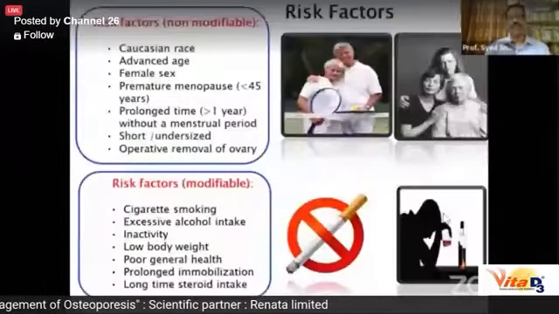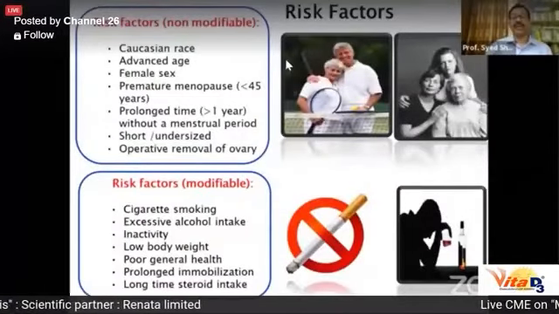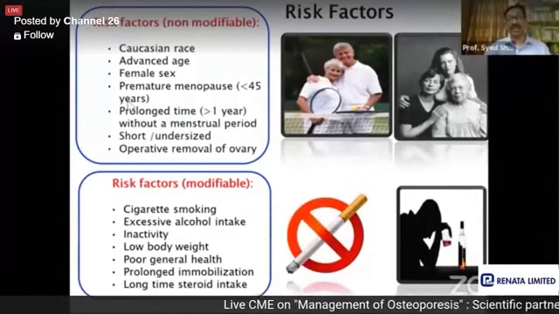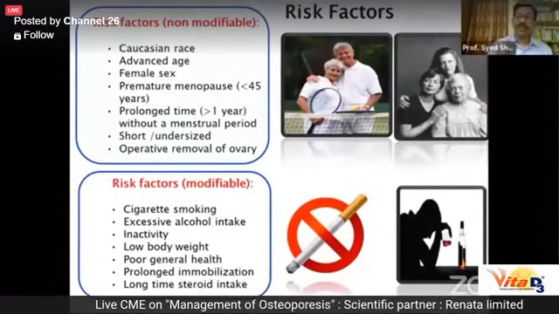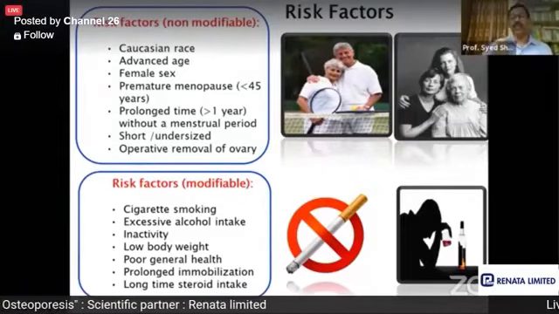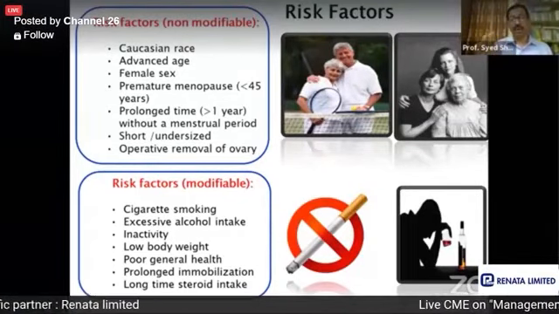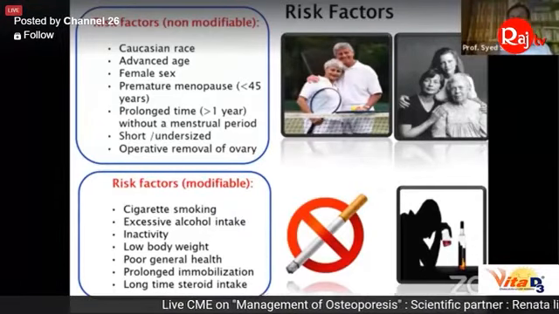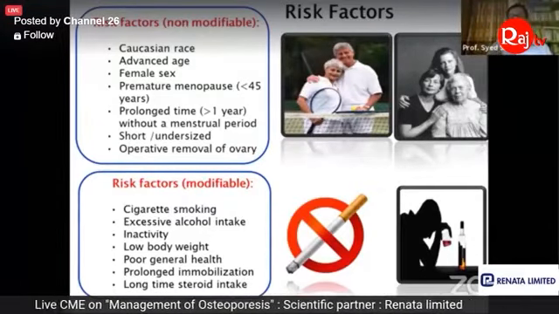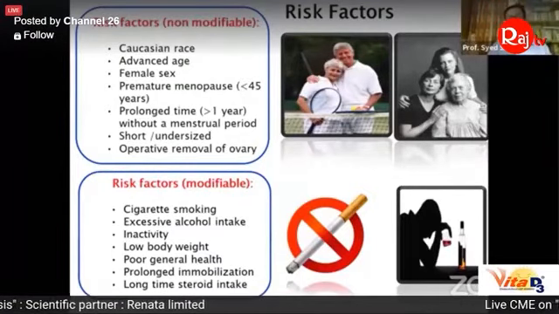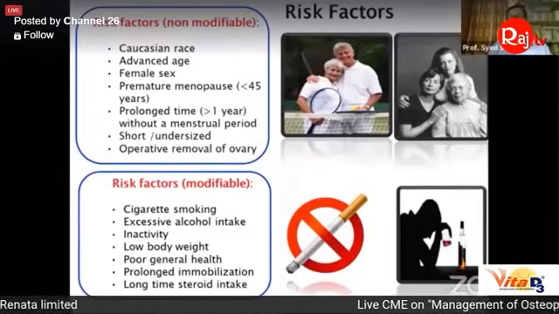He has already said what the risk factors are: Caucasian race, advanced age, female sex, premature menopause, that is before 45 years, prolonged time of more than 1 year without a menstrual period, short or undersized stature, and operative removal of the ovary, which is one of the important causes, especially in our country. If you go to the periphery, you will find many ladies have no ovary.